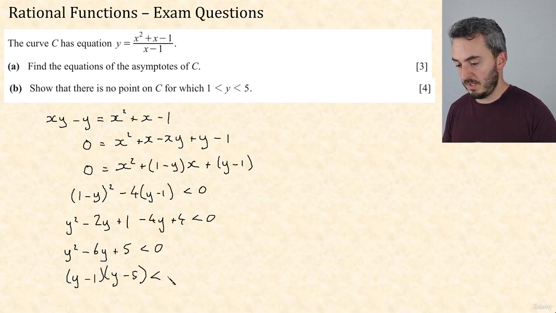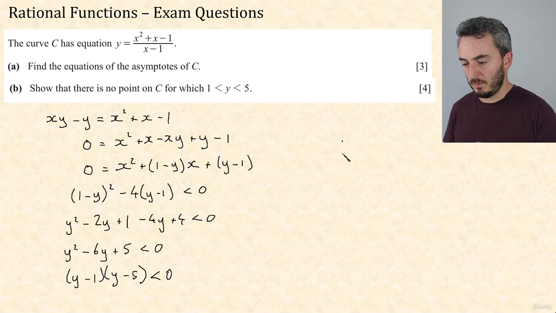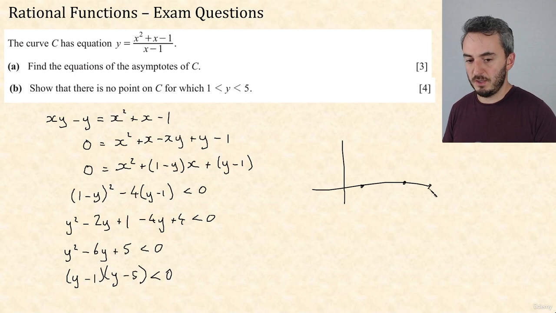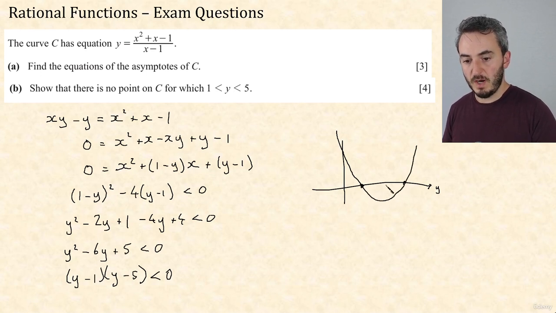And when is that quadratic less than 0? We'll consider a positive quadratic with roots at 1 and 5 on our unusual y-axis here. And it is less than 0 between 1 and 5. So the solution to this is y is greater than 1 but less than 5.